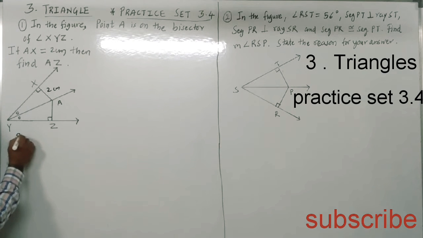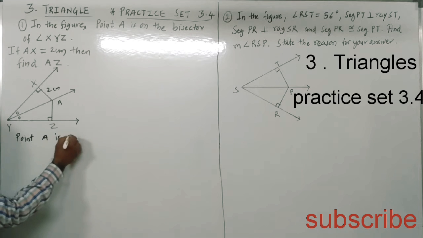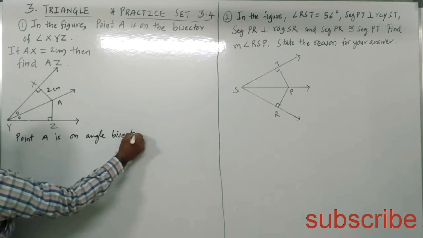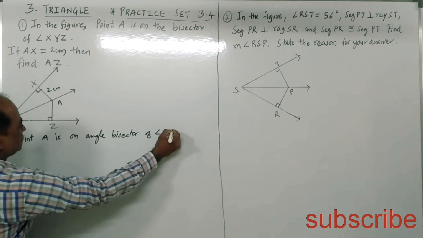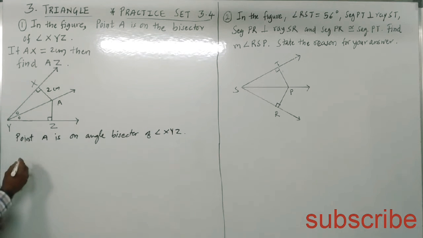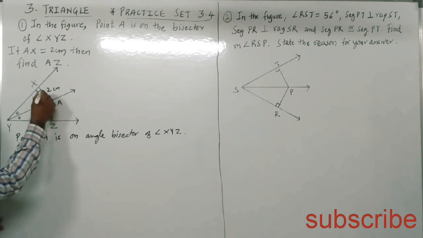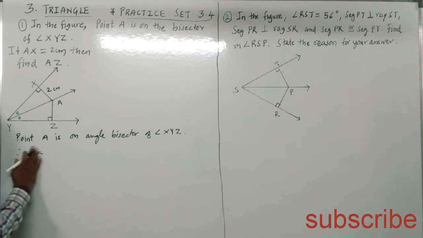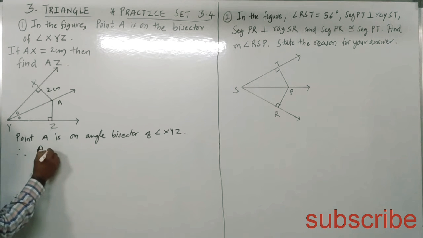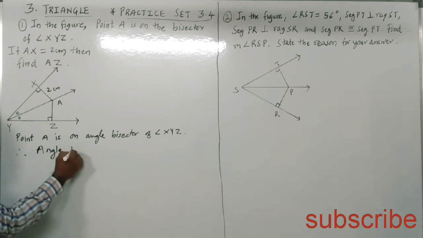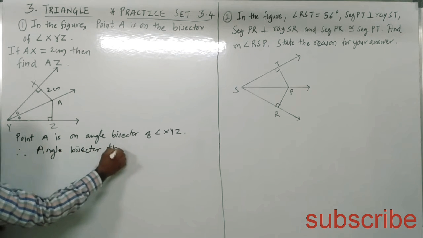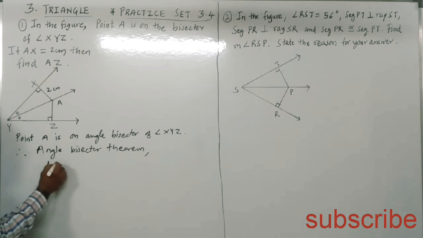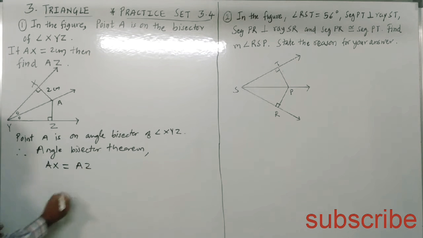Since it is given point A is on the angle bisector of angle XYZ, therefore this point is equidistant from points X and Z. Therefore, by angle bisector theorem, AX is equal to AZ.